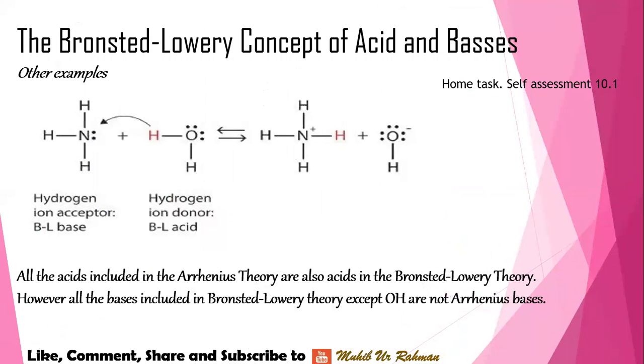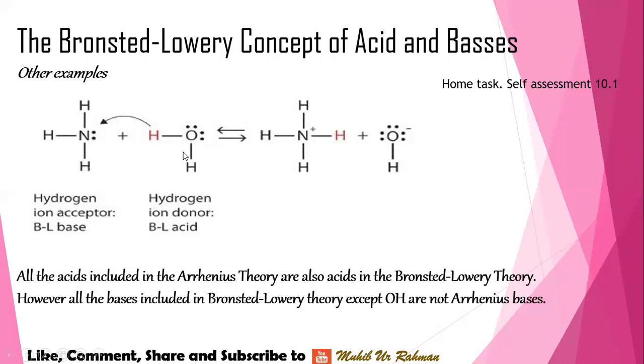Here is another example, NH3. In Arrhenius theory, Arrhenius doesn't identify NH3 as an acid or base. But in the Bronsted-Lowry concept, we can easily identify NH3 as a base because it has accepted one proton. NH3 on the left side has three protons, and on the right side, when it forms ammonium ion, it has four protons, which means that it has gained one proton from H2O.